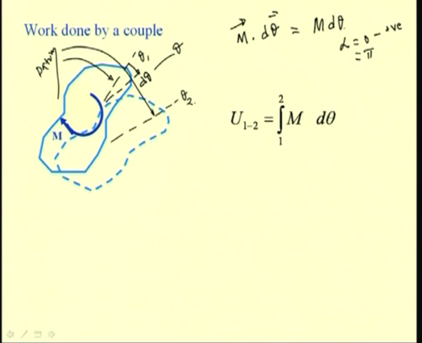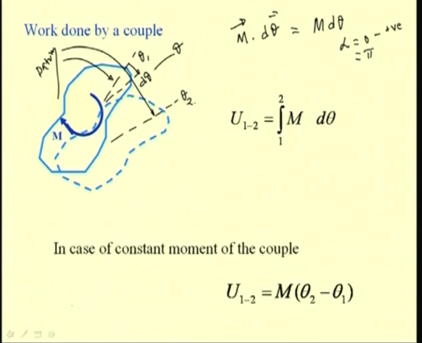So, we have this value m d theta as positive, and now if we integrate this between position 1 and 2, we have the work done as the integral of m d theta between these two positions. In case this moment is constant, like a constant couple is applied, then this integration becomes m times (theta 2 minus theta 1), where theta 2 is the final position and theta 1 is the initial position.